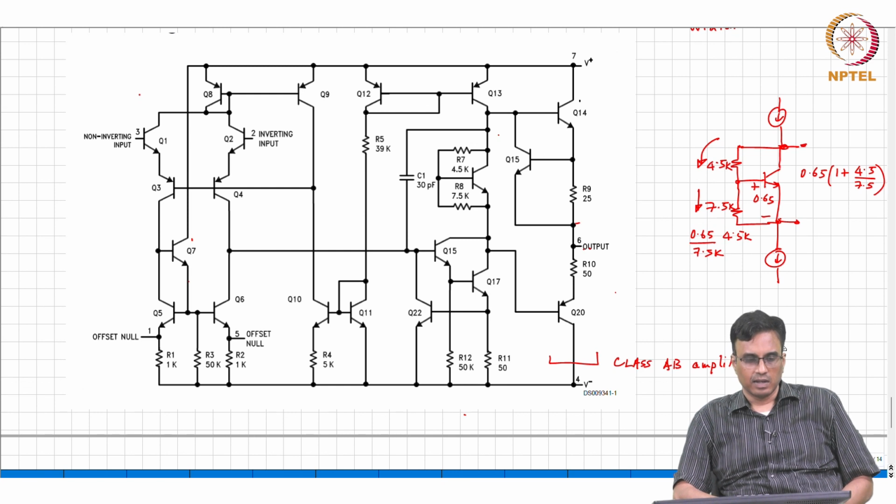The input stage is actually perhaps one of the nicest features of the 741, and it is done this way for a reason. It's not some random thing where somebody woke up and said, let me wear my jeans pant inside out, it will look cool.